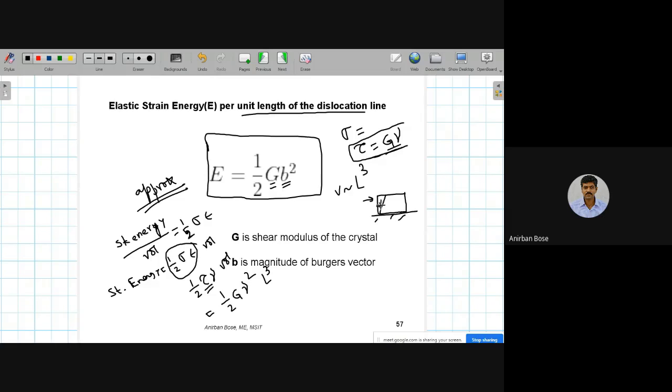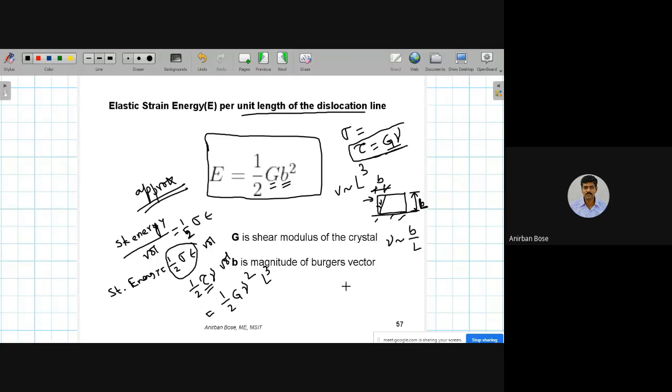Since the angle is very small, tan of that angle is the same as that angle. So if this is the small displacement that occurs, this is basically the amount of slip with respect to the dimension of the crystal in that order, that is L. So this gamma is in the order of B by L.